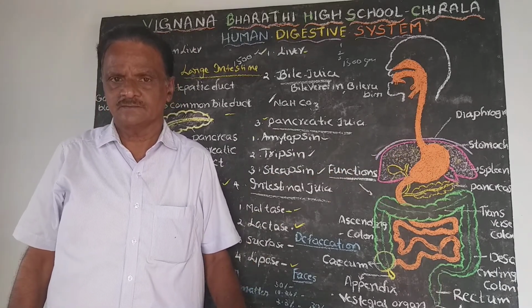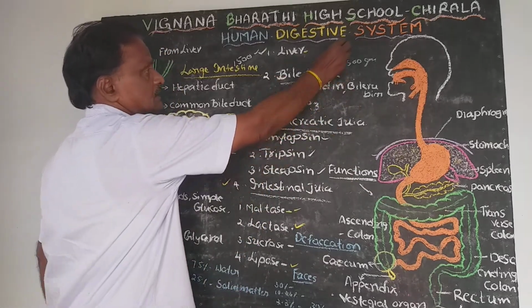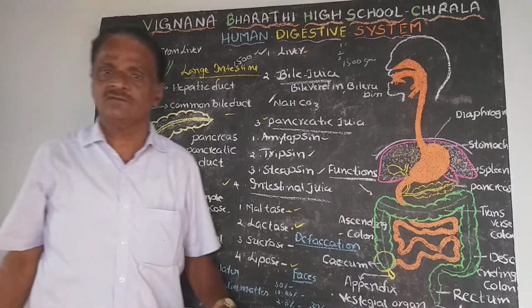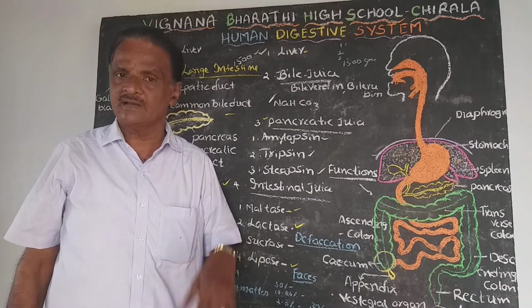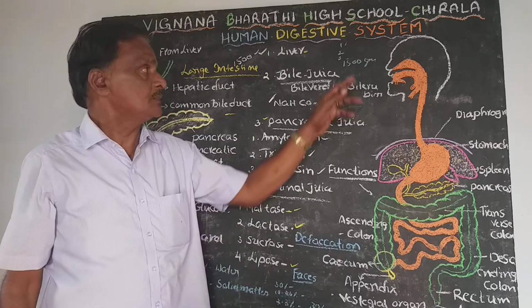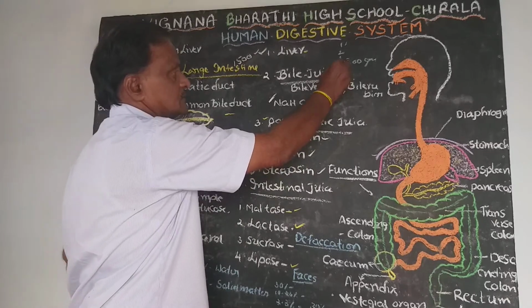Functions of the liver. First point, control of the blood sugar level. Second point, control of the amino acid level. Third point, synthesis of fetal red blood cells.